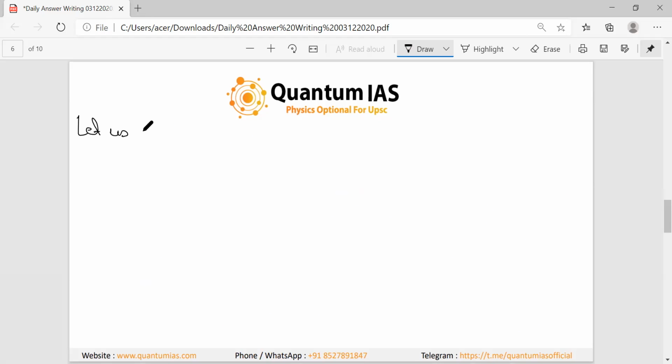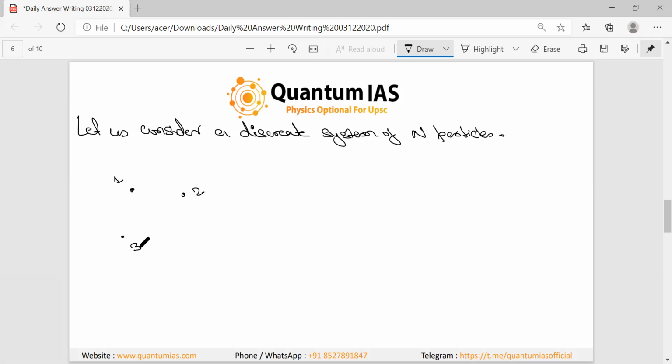So let us consider a discrete system of n particles. We have particle one here, we have two here, we have three here, and up to n here.